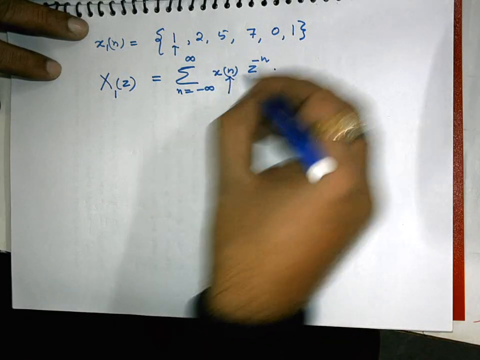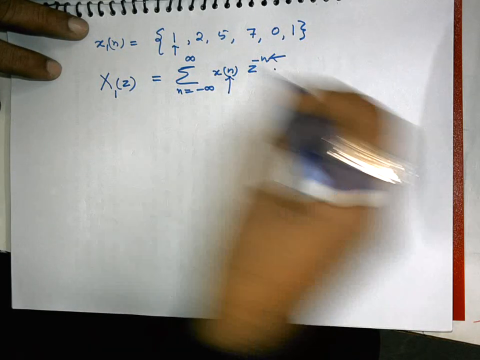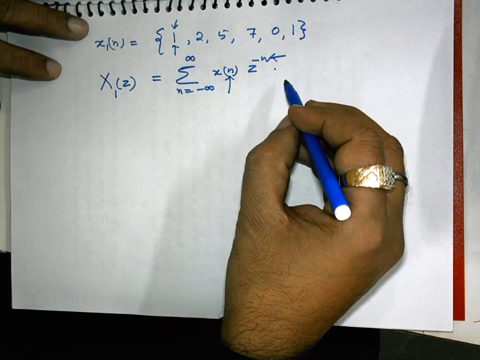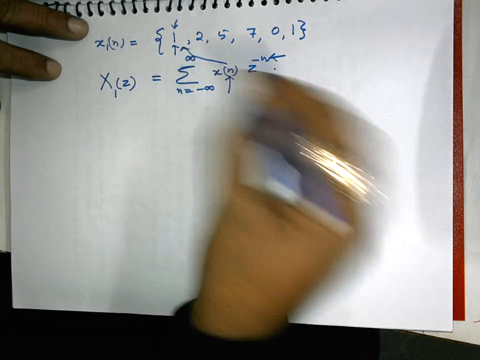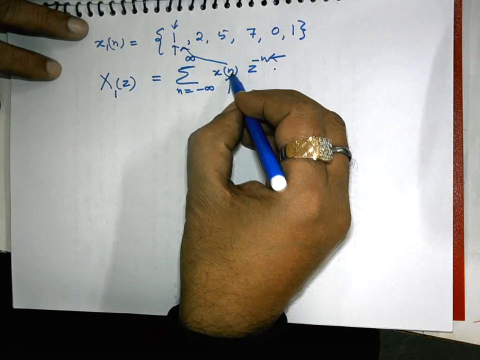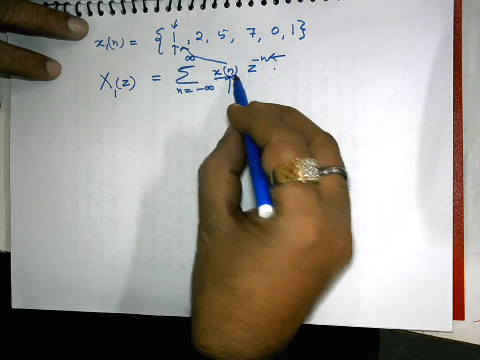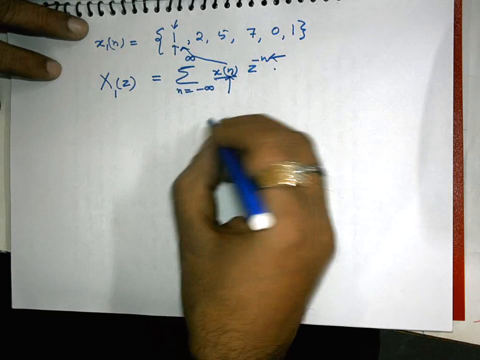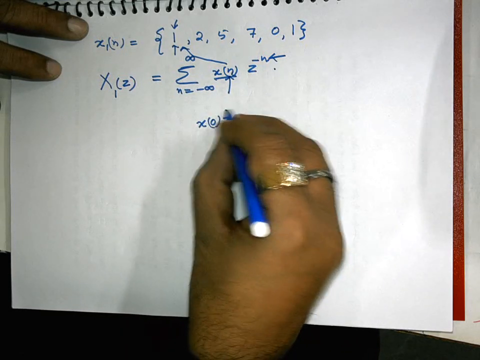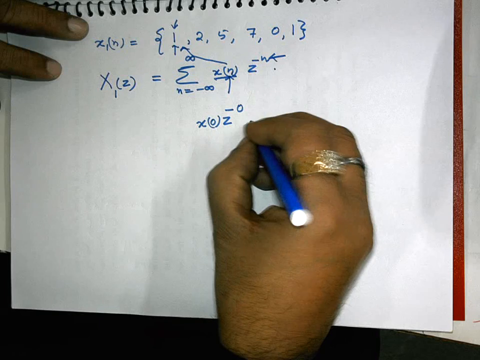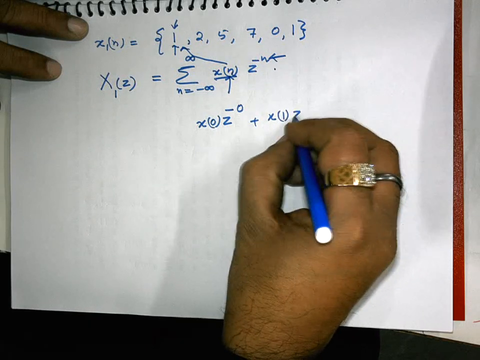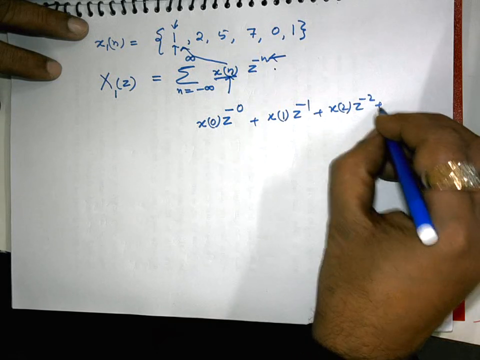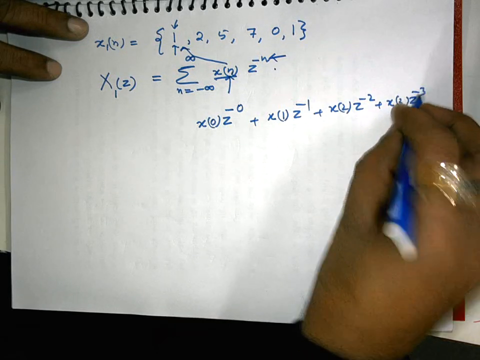Here n is the time index. For time index n equal to 0, if we expand this series for various values of x(n), the value of x(n) for n equal to 0 is 1. x(0) is 1. We can expand it like this: x(0) z to the power minus 0 plus x(1) z to the power minus 1 plus x(2) z to the power minus 2 plus x(3) z to the power minus 3, like that.